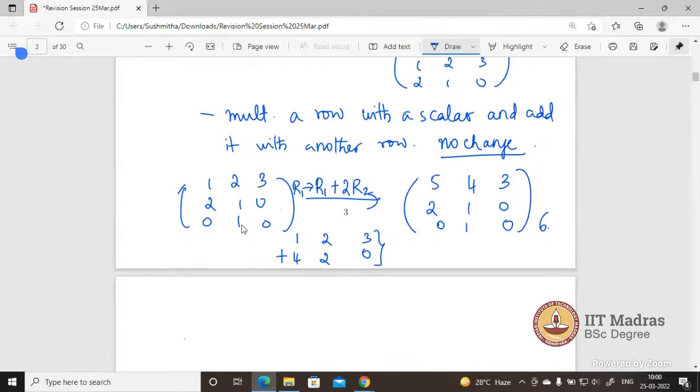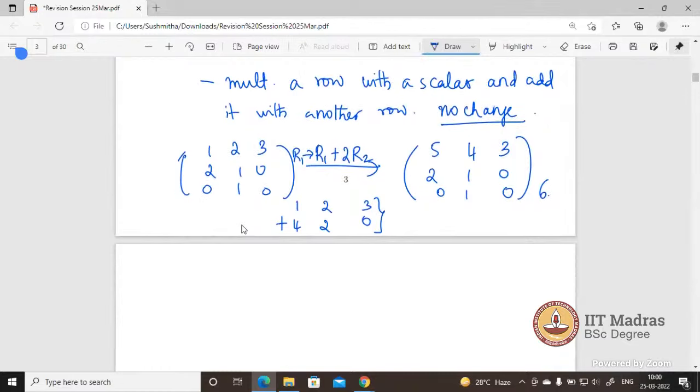Why doesn't the determinant change in this case? Because we have multiplied a row with a scalar and added it to another row. This is a scalar multiple of another row. You're basically adding two matrices.